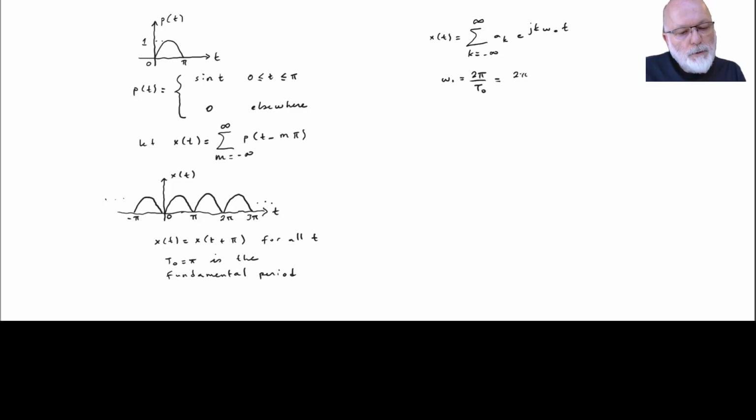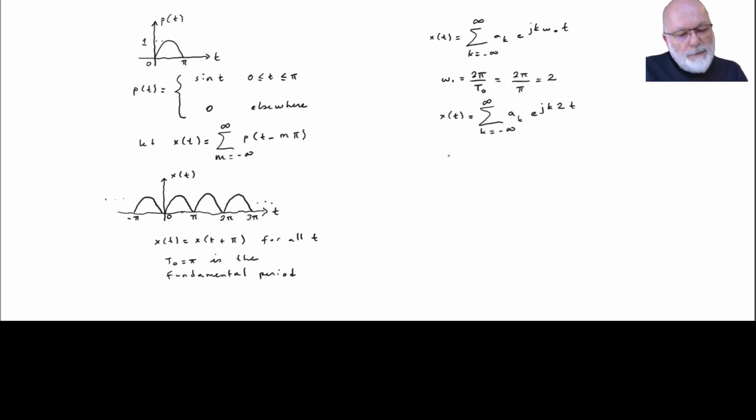Therefore, 2 pi over pi, in other words, omega 0 is equal to 2. So x of t is equal to the sum over k from minus infinity to plus infinity of a_k e to the j k 2t.